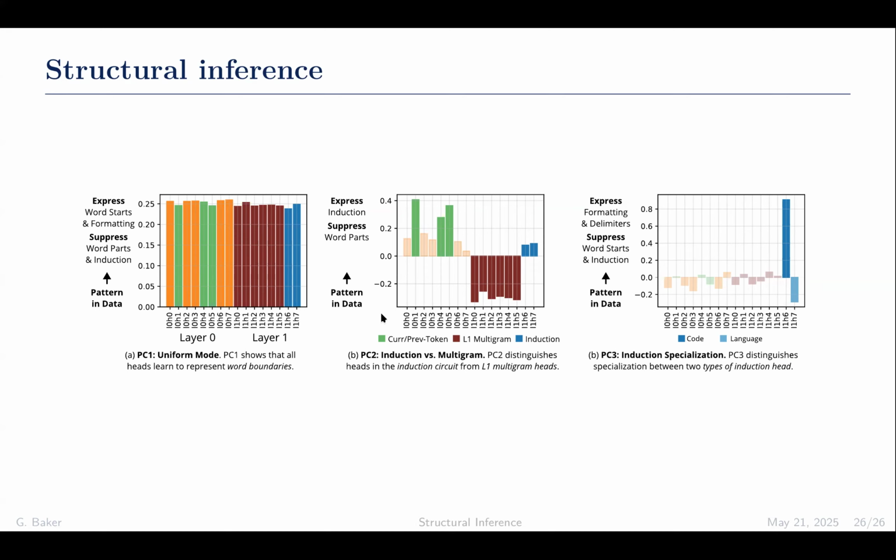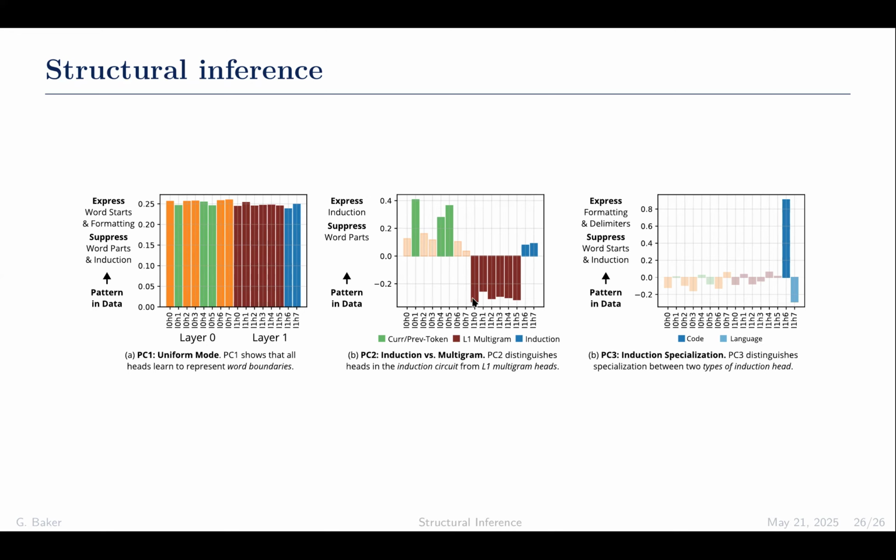So uniform mode, in terms of justifying this, we could see here we have previous token heads and induction heads active in the second PC, which shows us which things are expressing induction and suppressing word parts, and which things are doing vice versa.